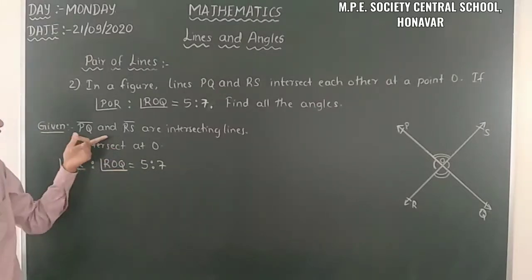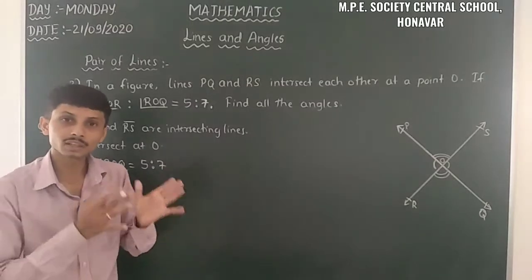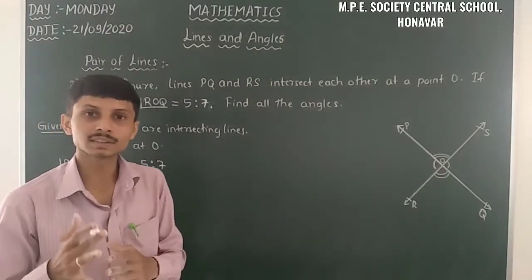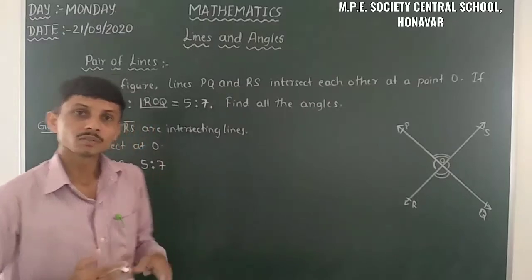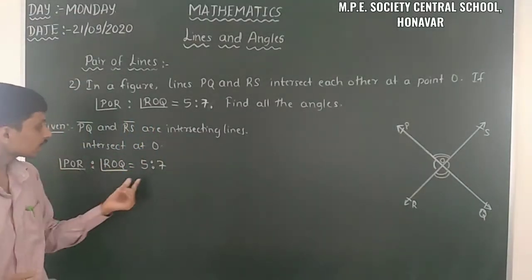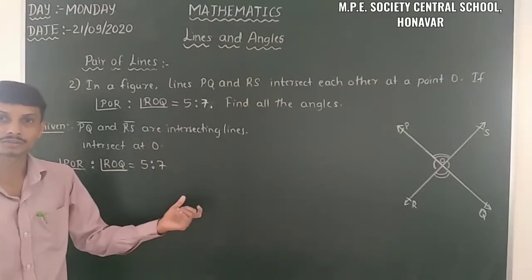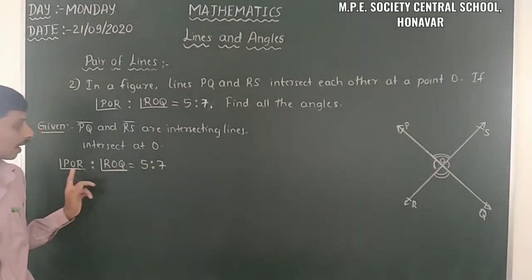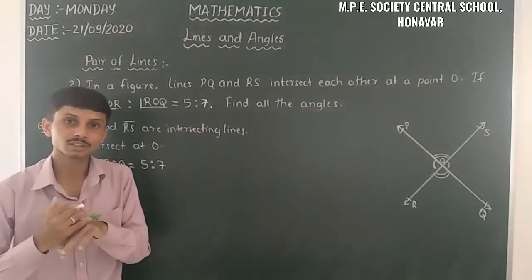When PQ and RS are intersecting lines intersecting at O, theorem 6.1 is ready for the proof. Here the ratio is given. When two angles are in the ratio 5:7, it is in the form of numerator and denominator.